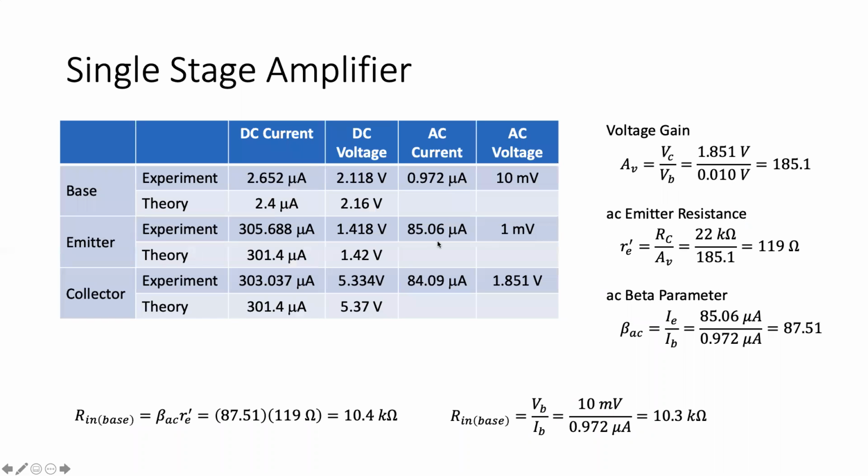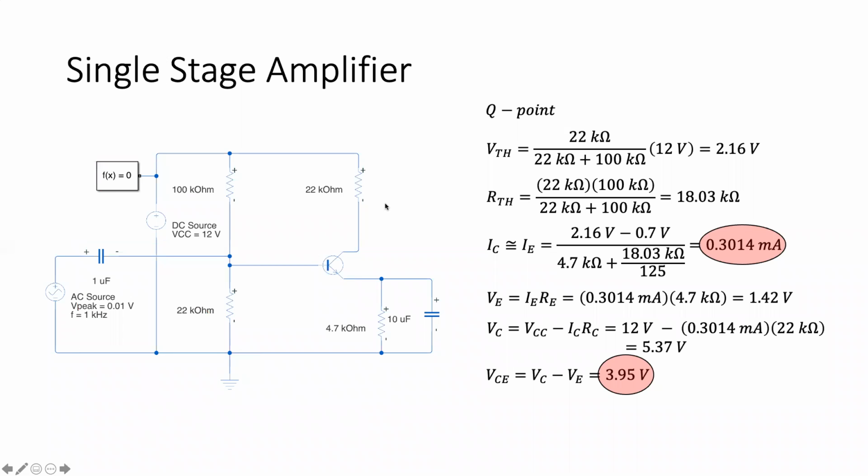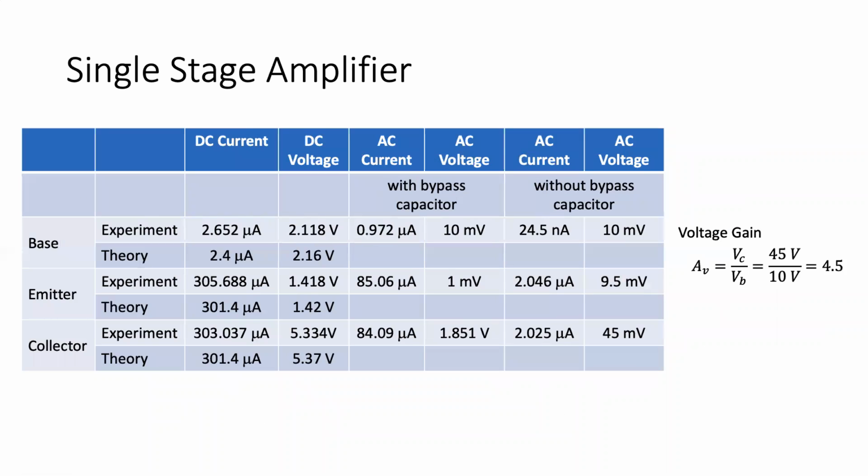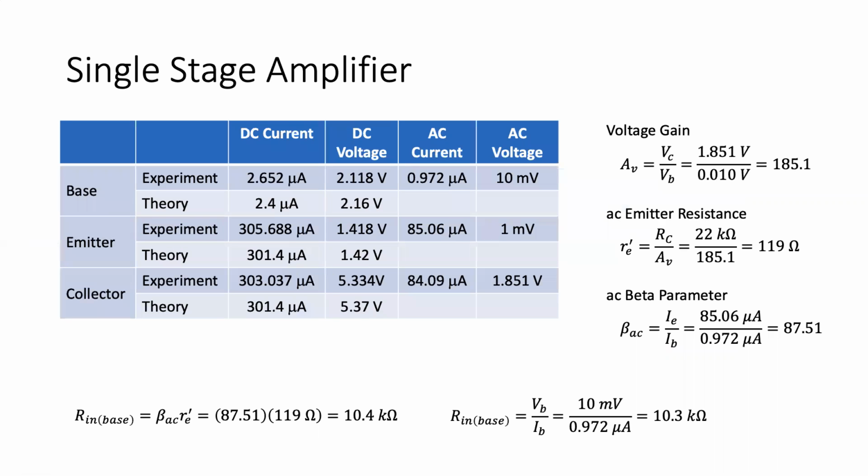Okay. So, ito na yung summary ng results. So, for the base current, ang nakita natin experimentally is 2.652 microamperes and theoretically ang in-expect natin is 2.4 microamperes. And for the DC voltage is 2.118 and para naman sa theoretical is 2.16 volts.